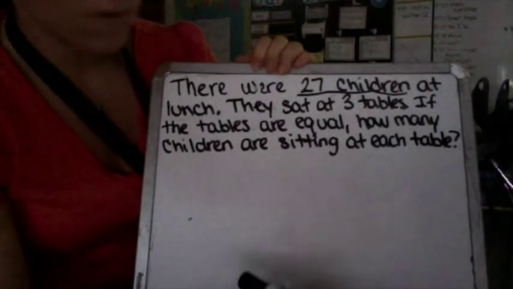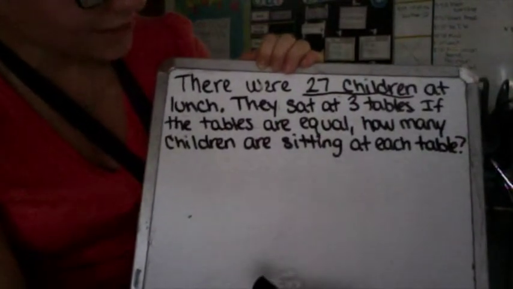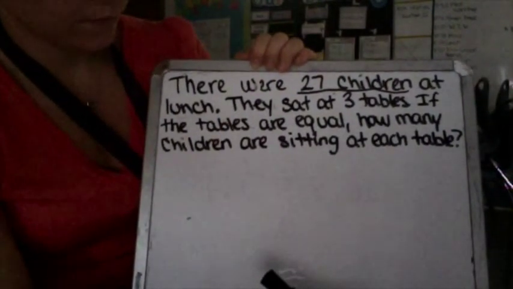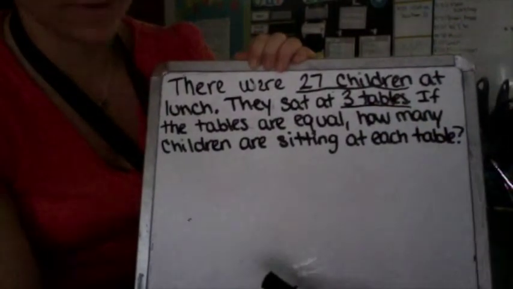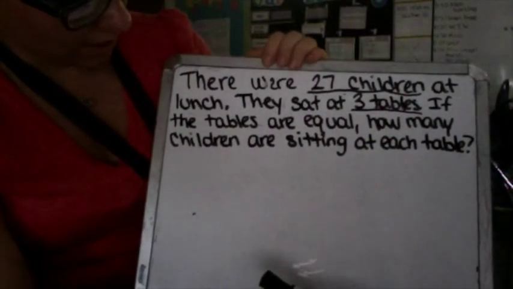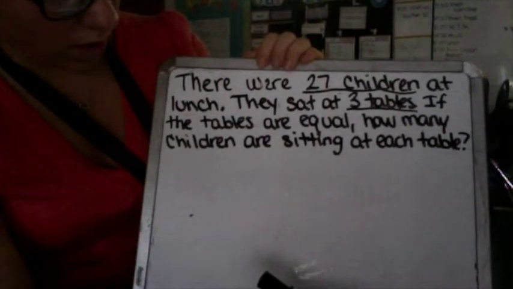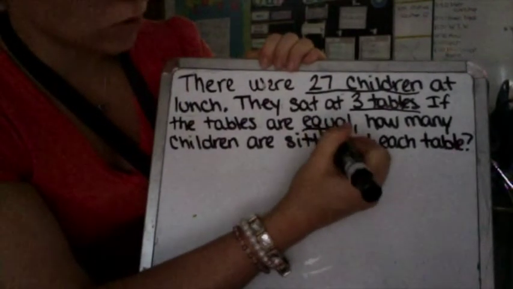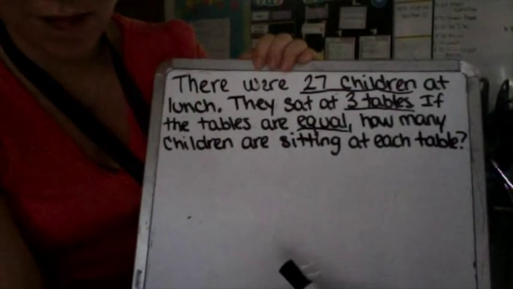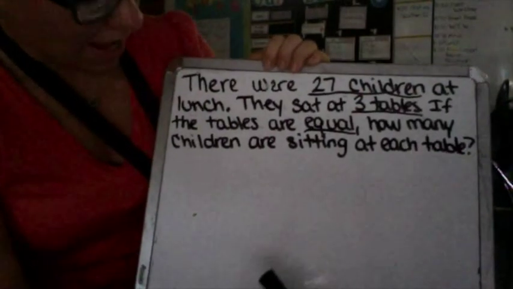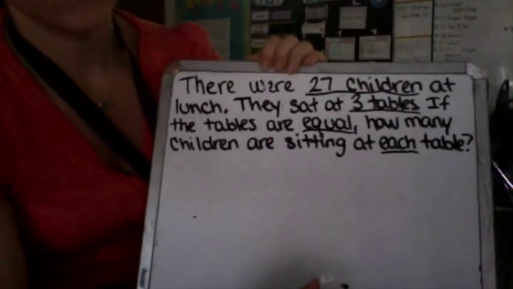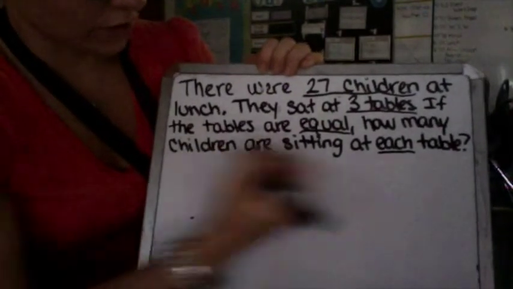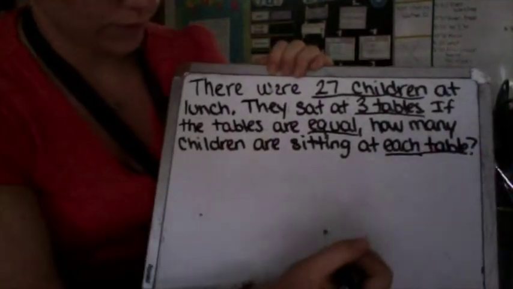So I know my total. They sat at 3 tables. I know how many groups I have. I've got 3 tables. If the tables are equal, that's a key word, so I know there has to be the same amount at each table. How many children are sitting at each table?